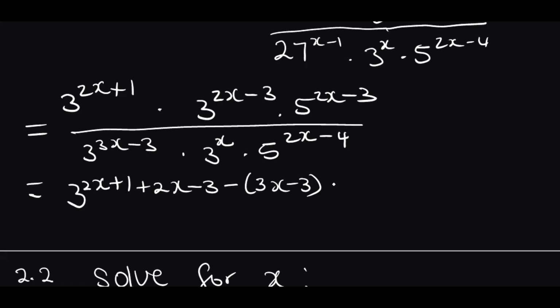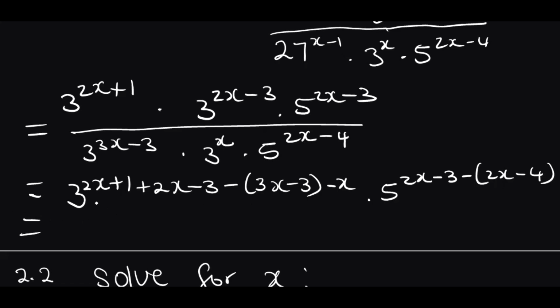Minus x times 5 to the power 2x minus 3, then subtract this 2x minus 4.